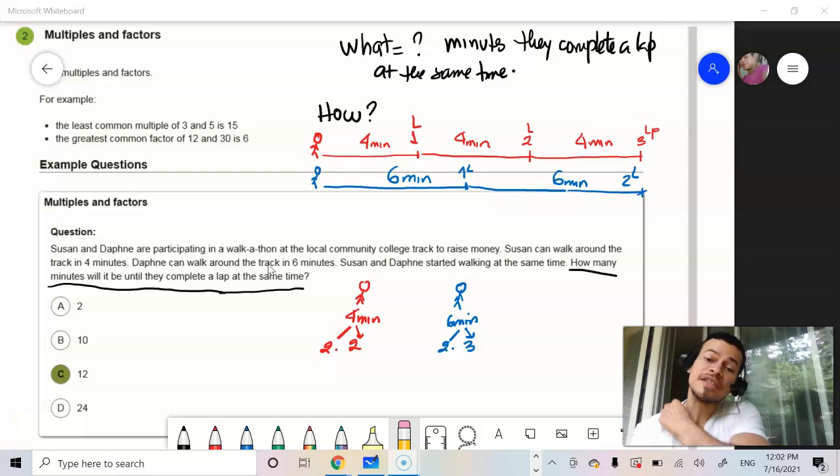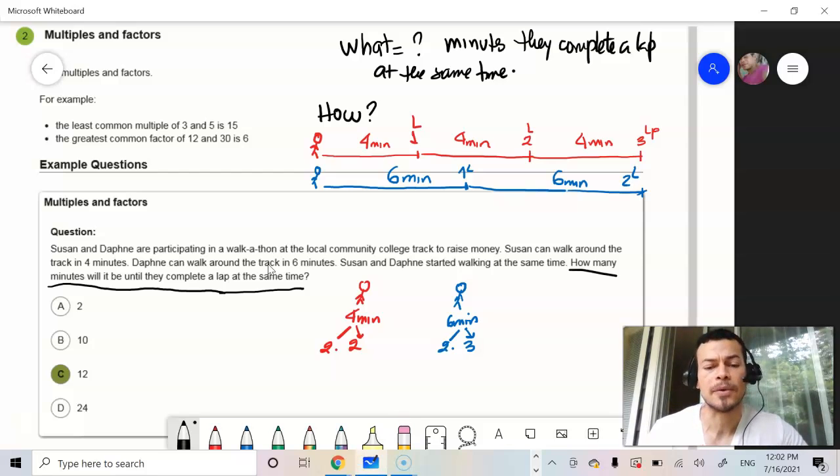If a number is divisible by 6, we need 1 2 and 1 3. So I'm going to write the factors here so you can see what I'm going to do. 4 is equal to 2 by 2, so I need 2 2's, and 6 is equal to 2 by 3.